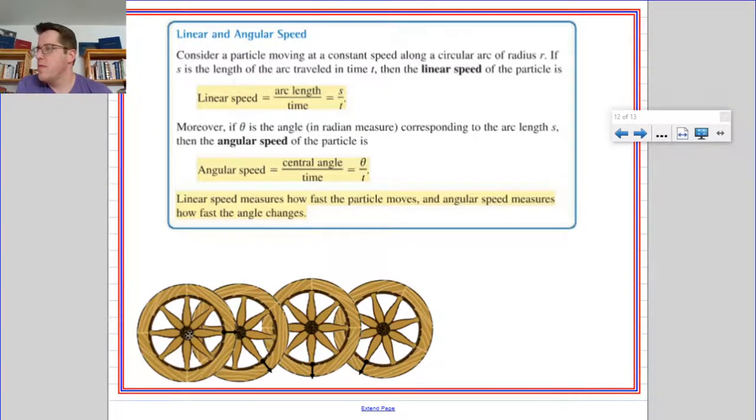Take a look at these four wheels here. They're set up right now to demonstrate linear speed. Now, linear speed is defined as arc length over time. So think about that this way.